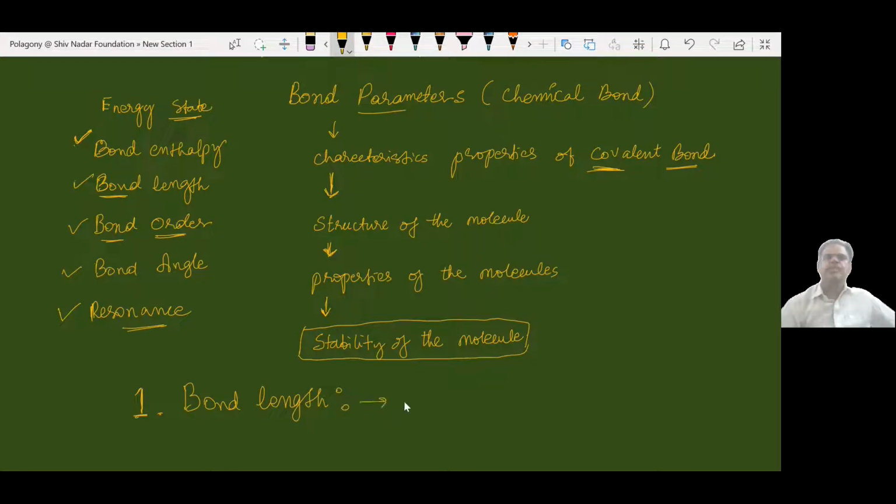Bond length and bond order can be measured by using, number one, the X-ray diffraction technique, and number two, spectroscopic methods. By using these we get the bond length.